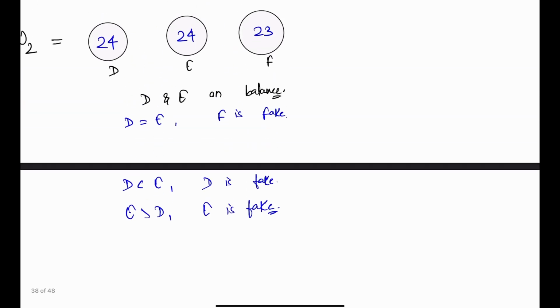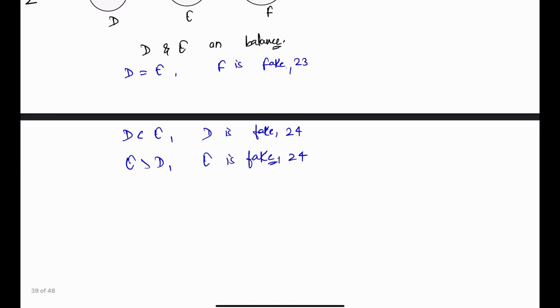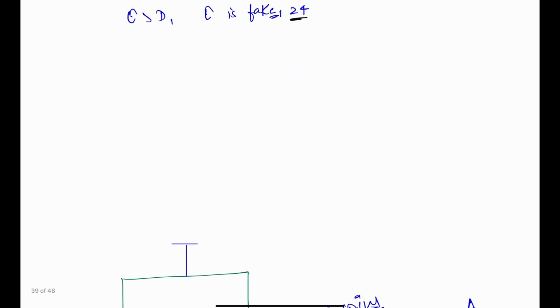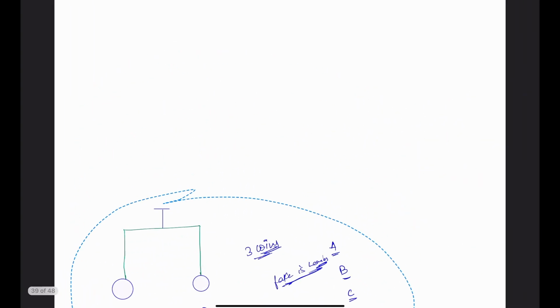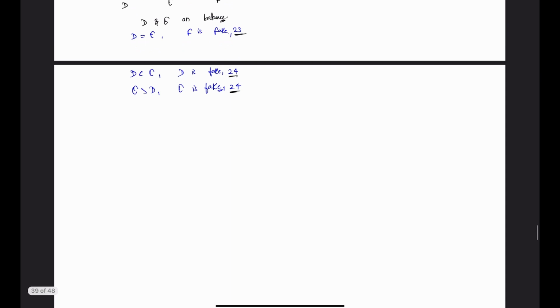So, here the F part is 23 coins, this one is 24 coins, this one is 24 coins. Now there might be a question that here the different coins are there, 24, 24, 23. So there might be a possibility that, now I think I should just bring it down.